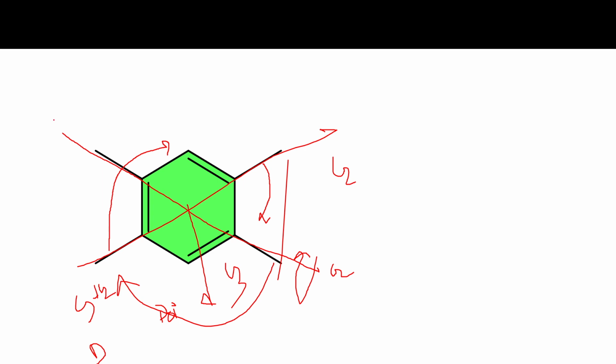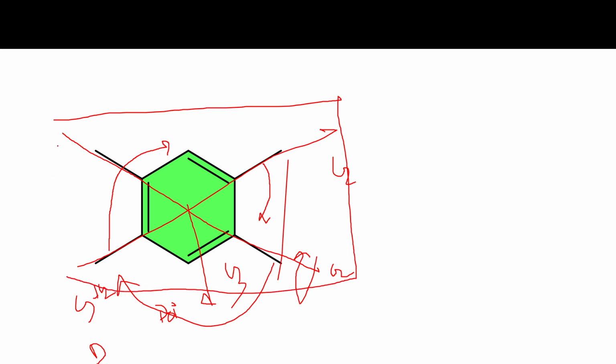If you cut this molecule in this direction, through all the methyls, and your principal axis is above the plane like this, so it is perpendicular to the sigma plane. So sigma h is present.